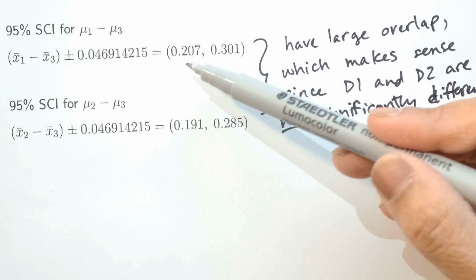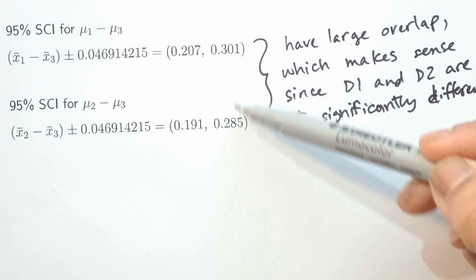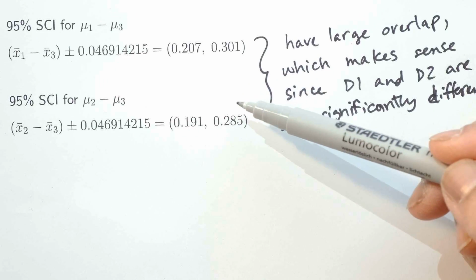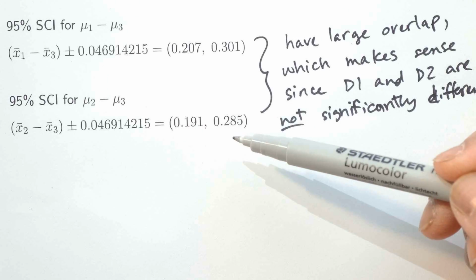And we can also see that the magnitudes are not that great, right? And that was reflected in the contrast 2 confidence interval that we also conducted.